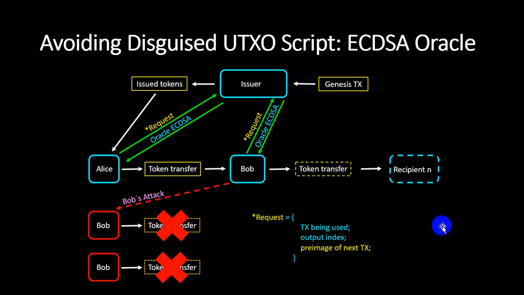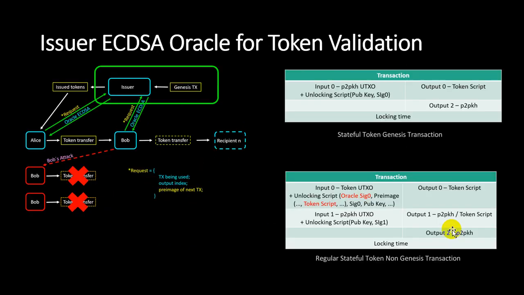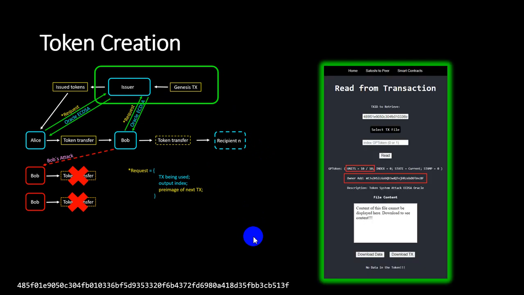Otherwise, it will not be allowed. So here is our UTXO scheme. So now we have the oracle signature, and the issuer controls that oracle. The issuer has all the responsibility over the oracle.